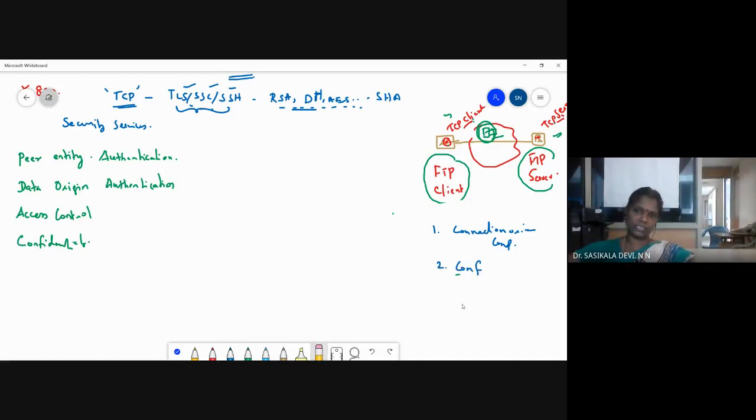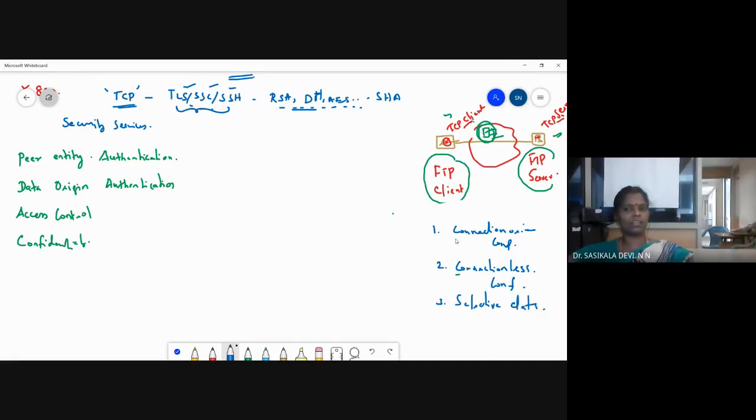The third one is selective data confidentiality, also called selective field confidentiality.